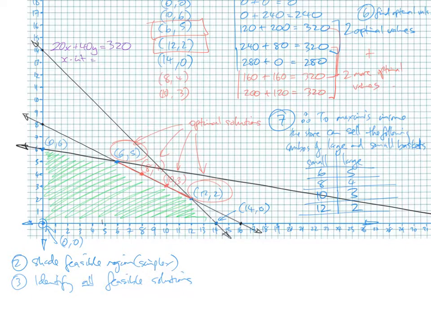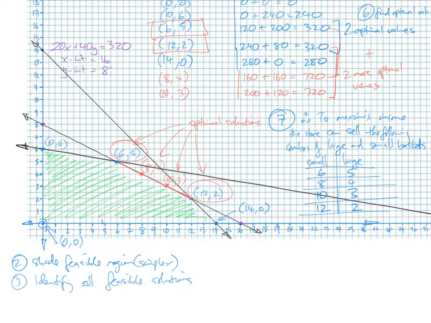The x-intercept of that is going to be 320 divided by 20, which is 16. The y-intercept is going to be 320 divided by 40, which is 8.